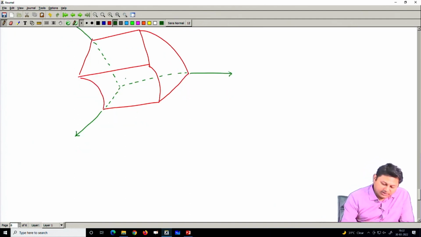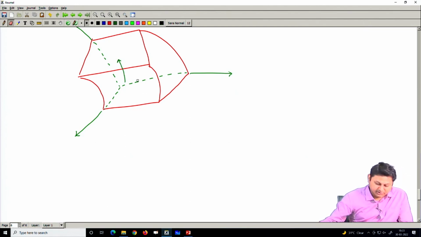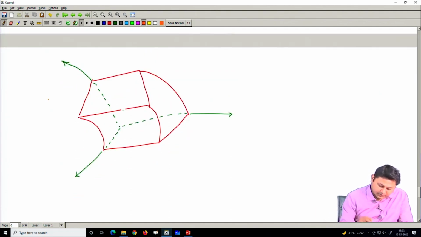So, what is E1 then? From here to here, the unit vector. Okay, I need to do it in a different color. So, this is the color. Along this direction we have a unit vector, and along this direction we have a unit vector.